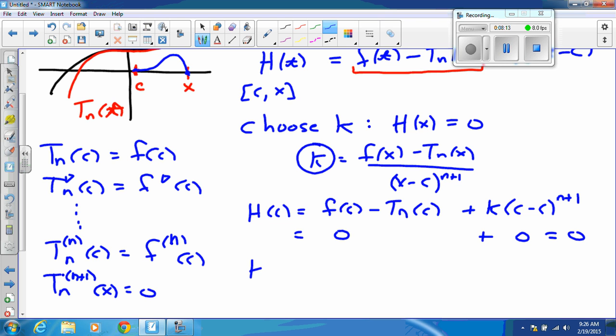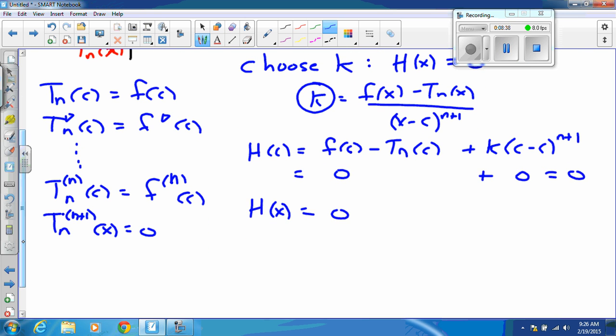And I also have observed that h of x is equal to 0 because we chose k to make that happen. Well, we have a function, h, that has two values that are equal to each other, h of c equals h of x, and h is differentiable on the interval c to x, and therefore it is also continuous on the interval c to x.